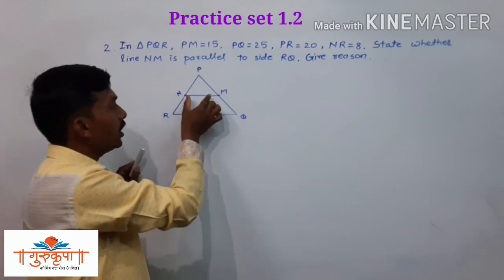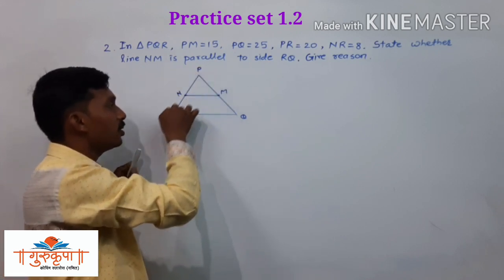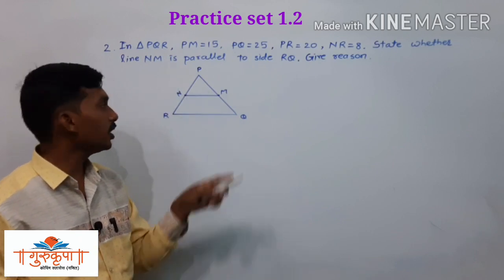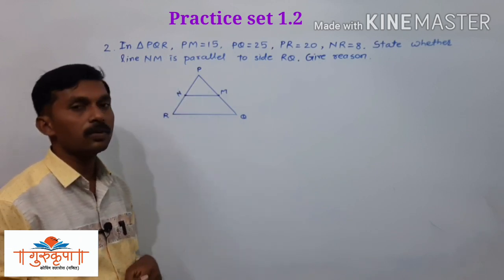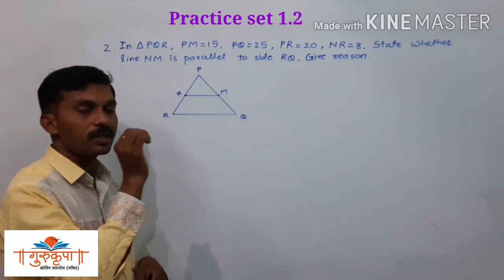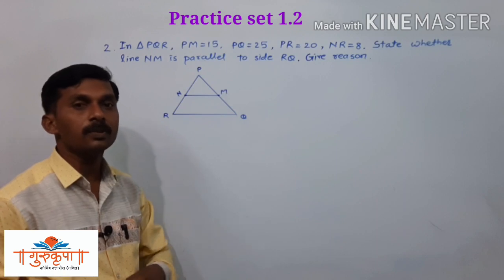And if this line NM is not going to divide PR and PQ proportionally, then that line NM is not parallel to RQ. And that is known as converse of basic proportionality theorem.